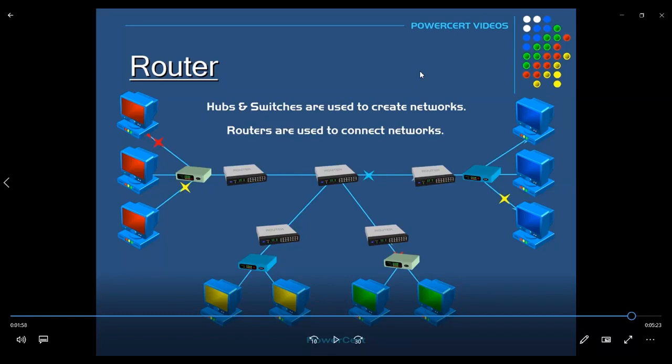Also, in a practical environment we can divide switches into two types: the data switch and the PoE switch, the power over Ethernet switch. If you want to establish voice over IP connectivity in a network, you have to use a power over Ethernet switch, which we call a PoE switch.